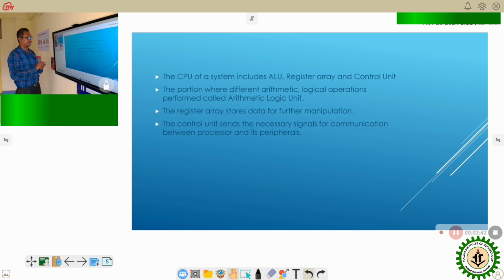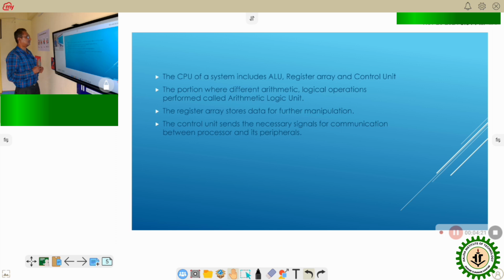Arithmetic operations include addition, subtraction, and logical operations include AND logic, OR logic. So that portion of the CPU where we perform these arithmetic operations like addition and subtraction, and logical operations like AND logic and OR logic, is called the arithmetic logic unit.